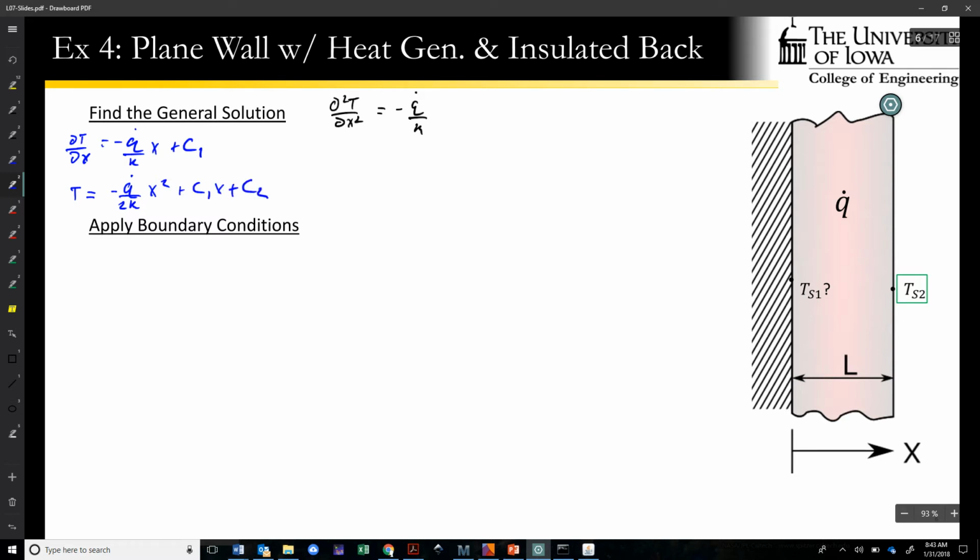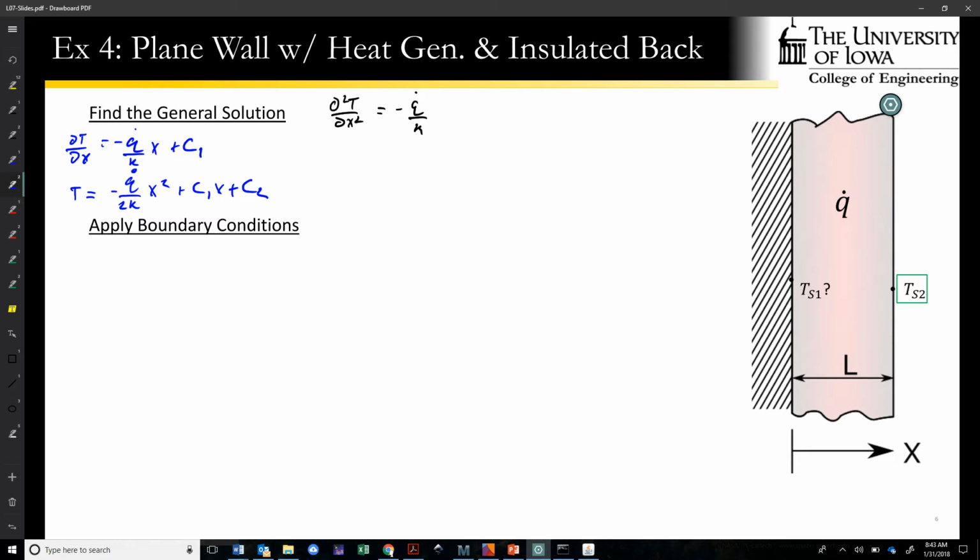We have some extra terms here, but note we still only have two unknown constants of integration, c1 and c2, which means we still need two boundary conditions.